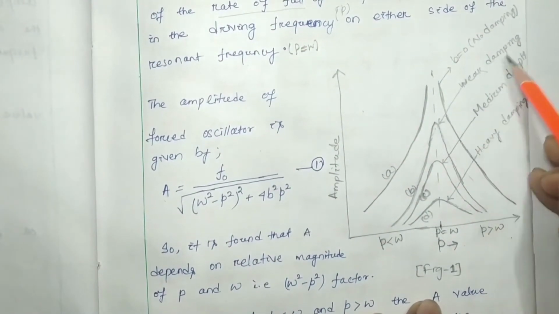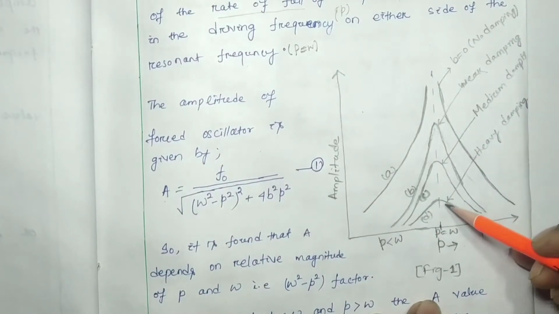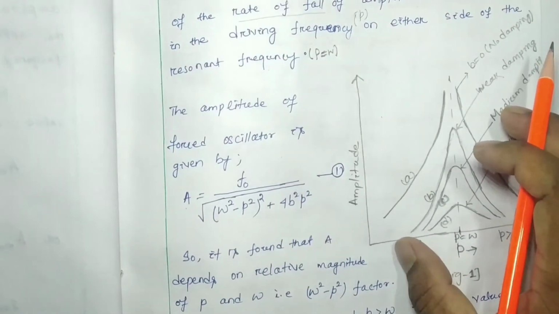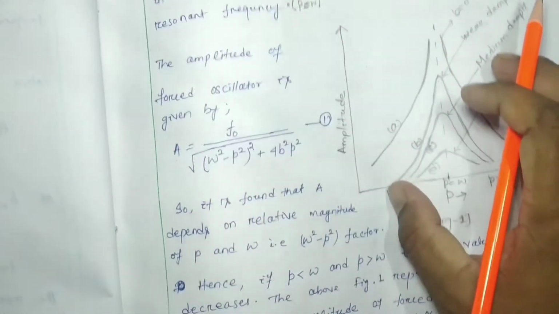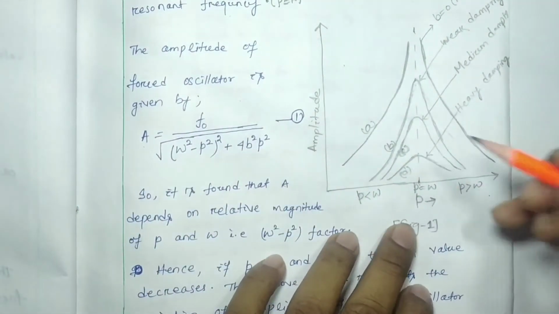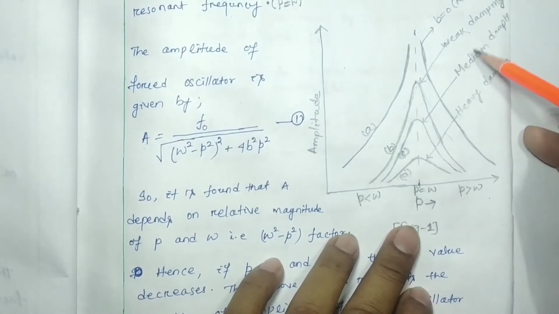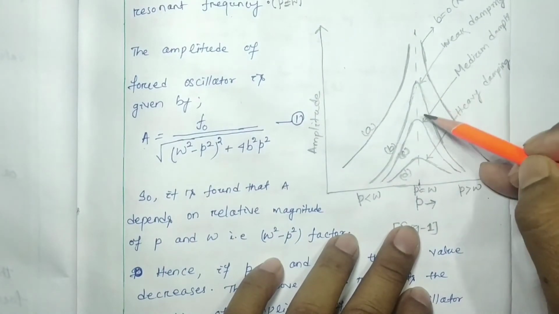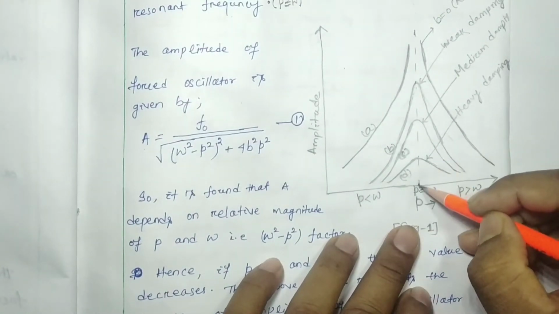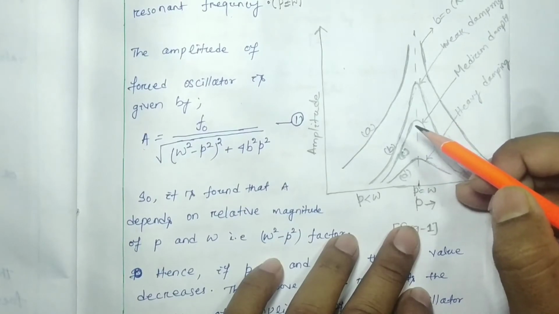B for weak damping, C curve is medium damping, D curve is heavy damping. So we are just going to imagine simply, with our common sense, that with increase of damping, at resonance the amplitude decreases. That is the first thing.